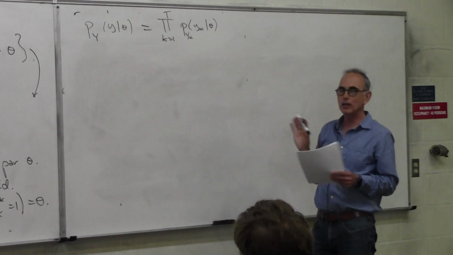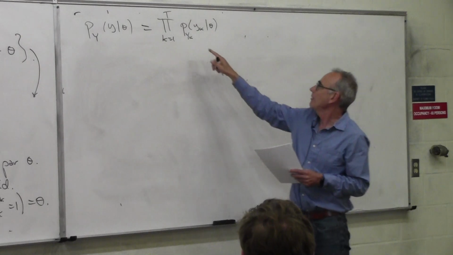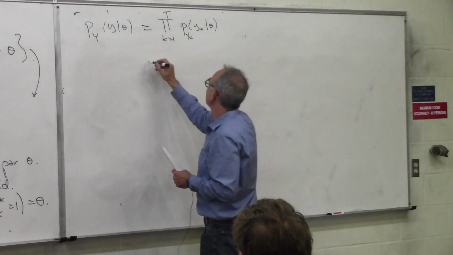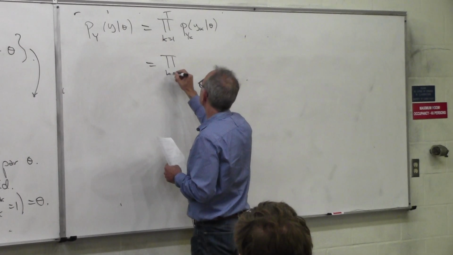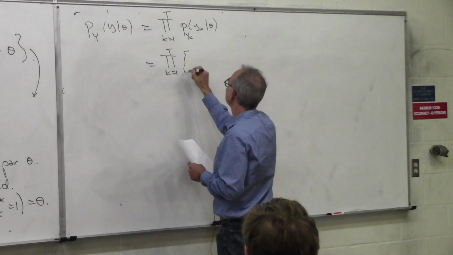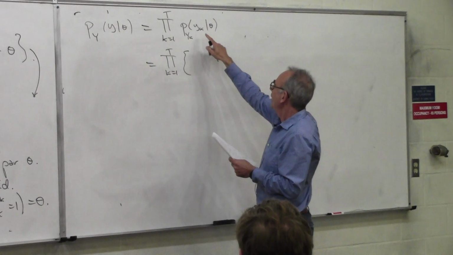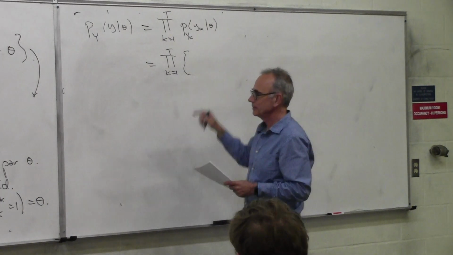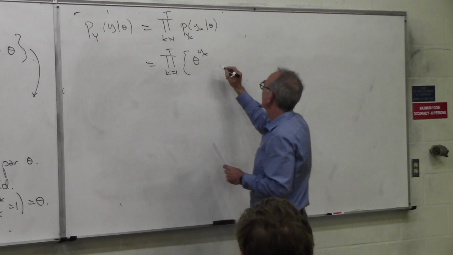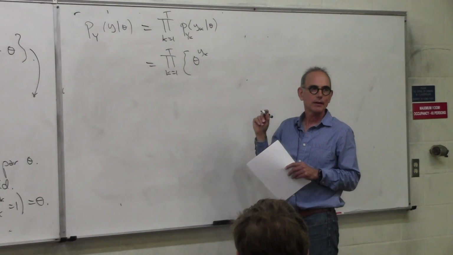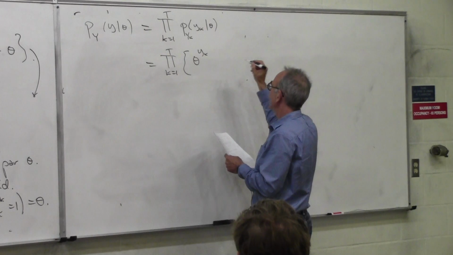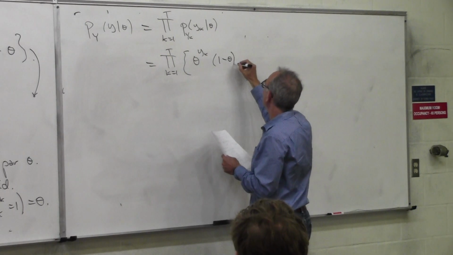Okay, so at least the y's are IID, so we just have to work out these guys, and then you have a rule for the binomial distribution. And it is. So I've gotten yk successes, so it's theta to the yk, and I have the probability of failures.